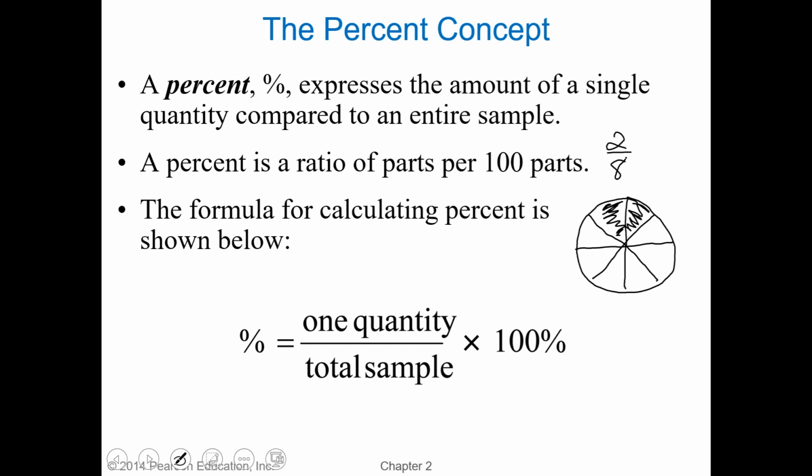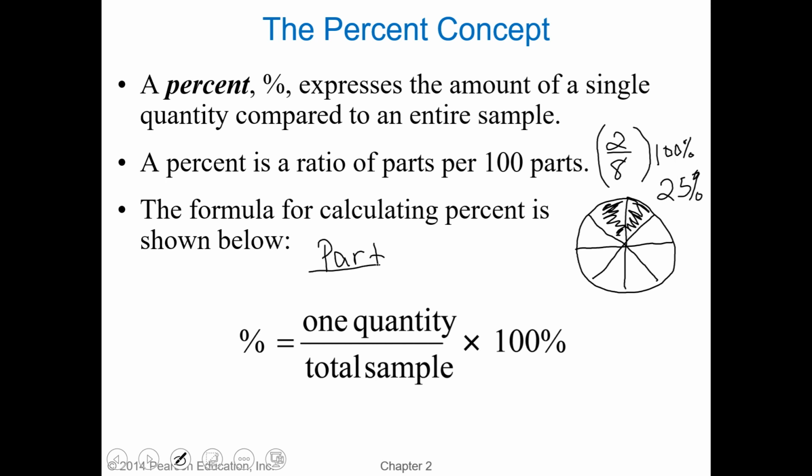Well, if I were to actually take 2 divided by 8 times 100%, that would simply just mean that we have some amount or some percent of the pizza that is eaten. In this case, 25%. What's left is 75%.